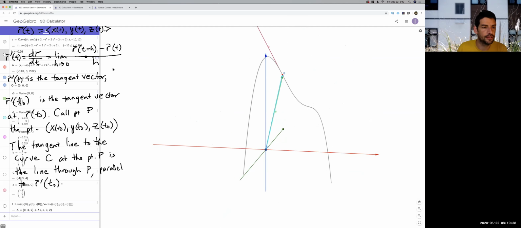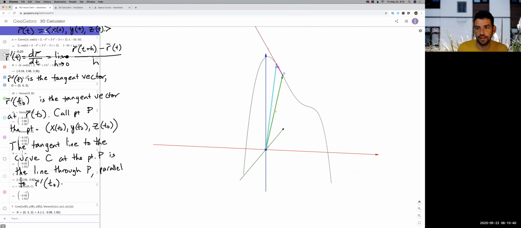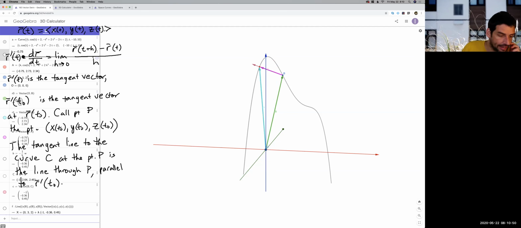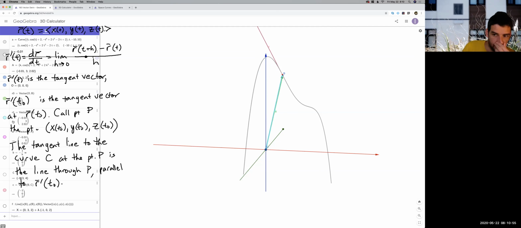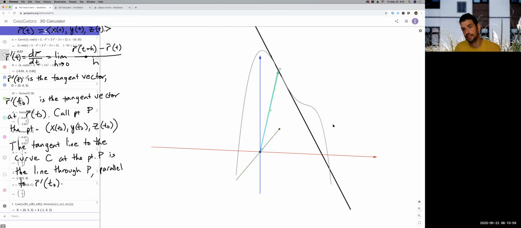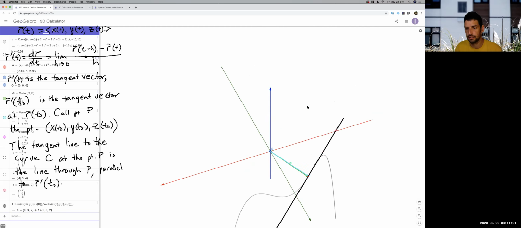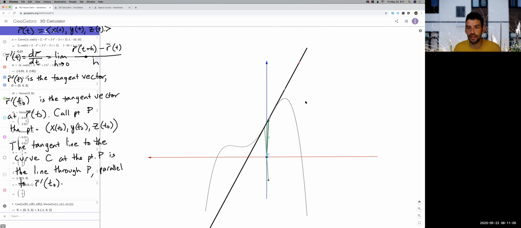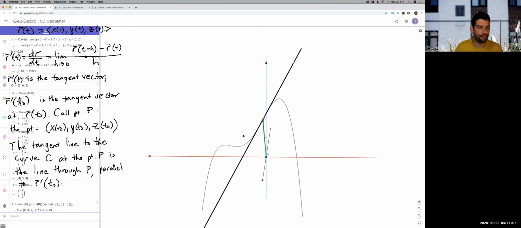We can see this all from another angle. We start way out here or wherever, and as we make h smaller and smaller, we get this happening. And we can also see the tangent line is this line that just hits that curve right there, and it's in the same direction as that vector.